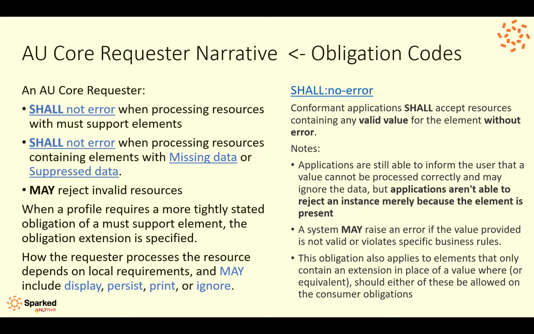This is in the context of a client, but if a client fell over with some sort of unhandled exception, for example in a single page web app, if there was a JavaScript error that is just hidden away from the user and just hung, then I would argue that you have not satisfied your obligation. But if you were able to accept that, present the fact that there was no reference to a valid resource, then you have satisfied this, because you've moved from accepting with no error to handling.